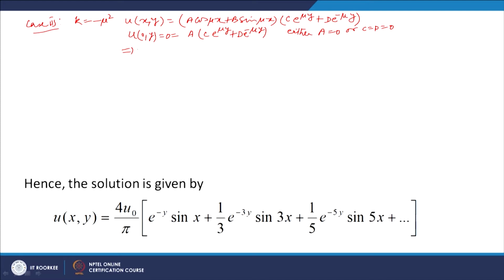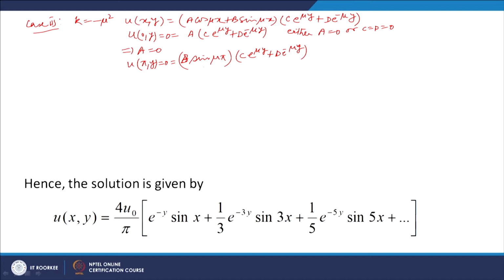So, this gives you a equal to 0, then u(pi,y) equal to 0. Let us use this one. The a term is already 0. So, we have b sin mu pi into (c e to the power mu y plus d e to the power minus mu y).